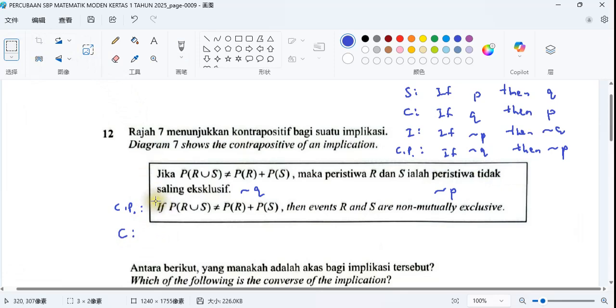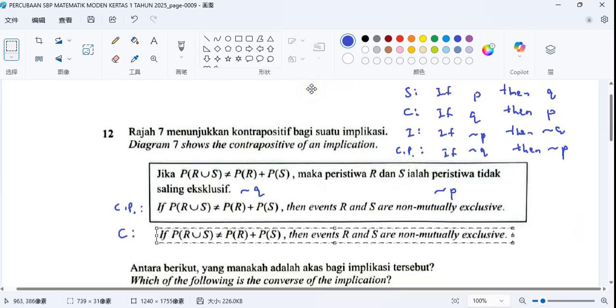So the converse is, if P then Q, then if Q then P.